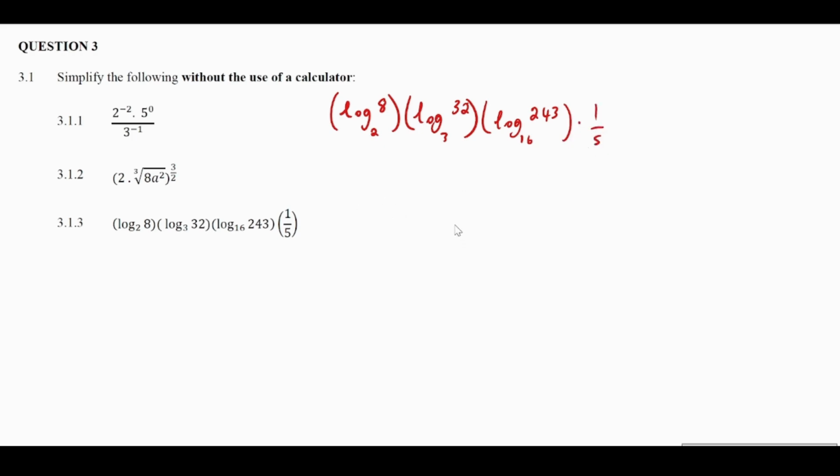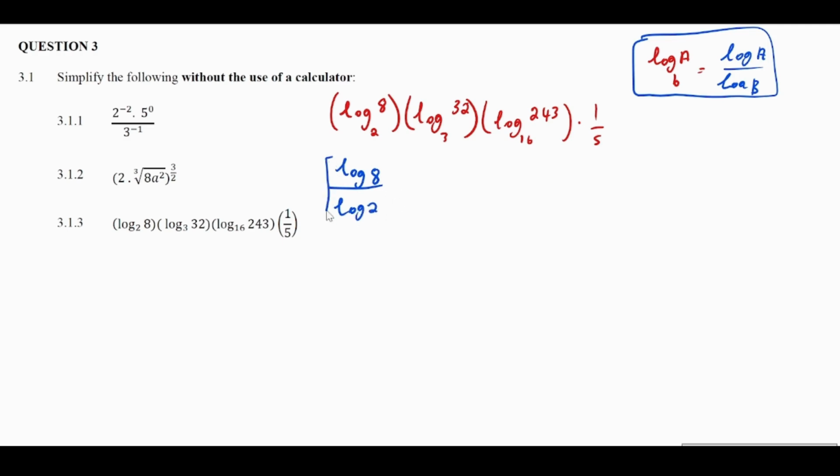Not a problem. Let us remind ourselves about something about logs. If you have the log of a base b, this is the same as having the log of a divided by the log of b. No? So we're going to apply this one here. So the log of 8 base 2 can be written as the log of 8 divided by the log of 2.